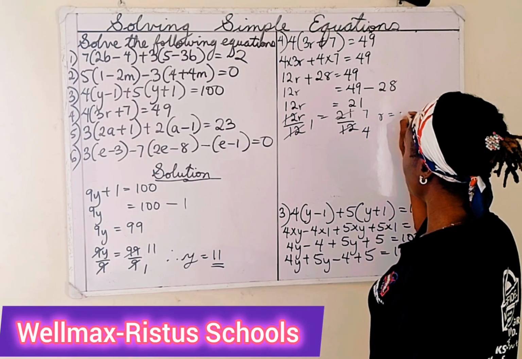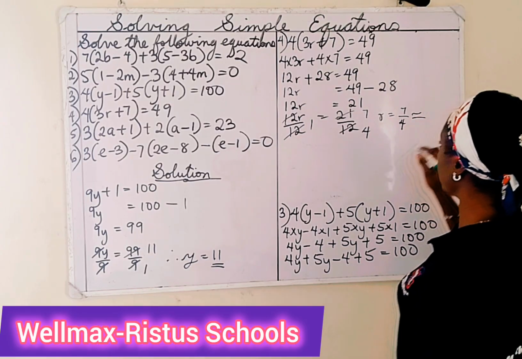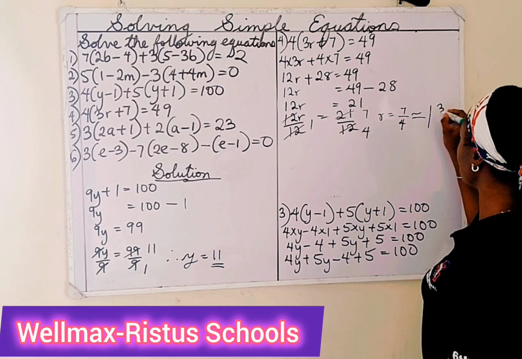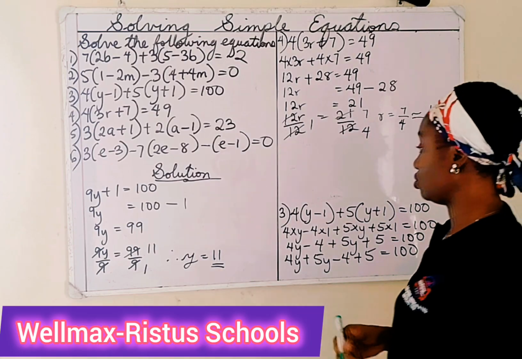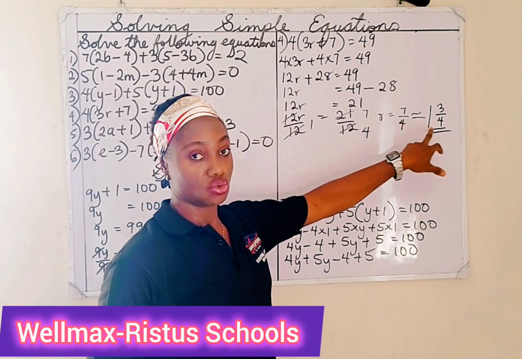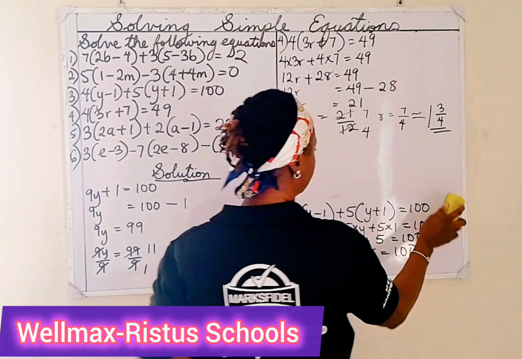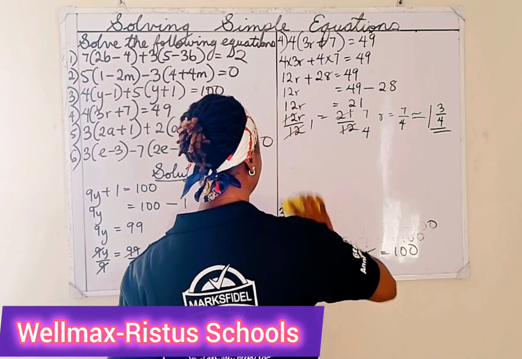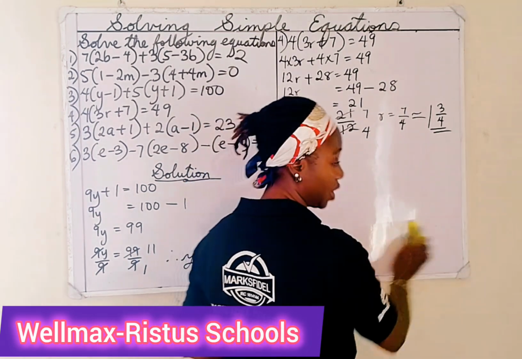So our r equals 7 over 4, which is same as what? Saying 1 whole 3/4. And that's the answer for question 4. We've converted the improper fraction to a mixed fraction. Now let's move on to question 5.